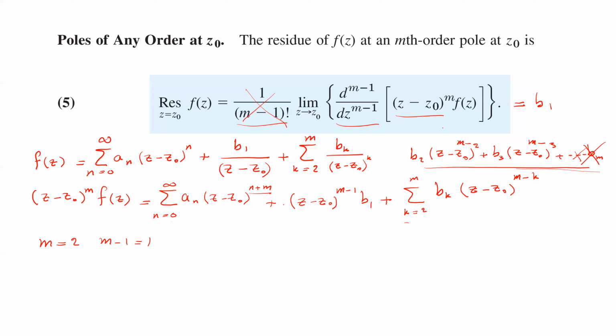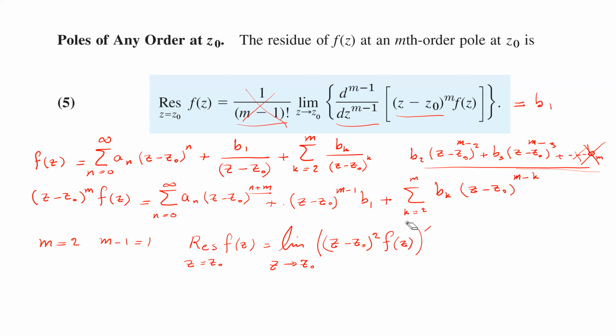So the residue at z equal to z naught, when m is equal to 2, becomes the limit as z goes to z naught of the first derivative of (z minus z naught) squared f of z. It means that you multiply f of z by (z minus z naught) squared and take one derivative, and then take the limit as z goes to z naught.